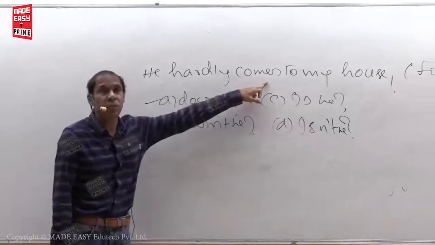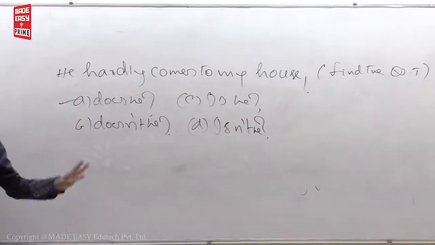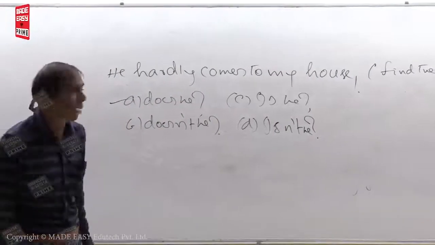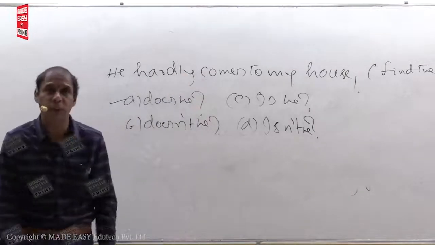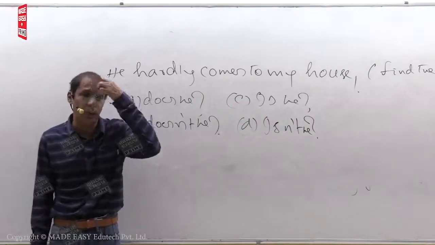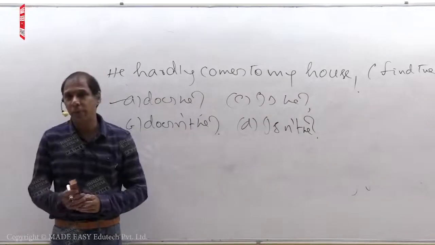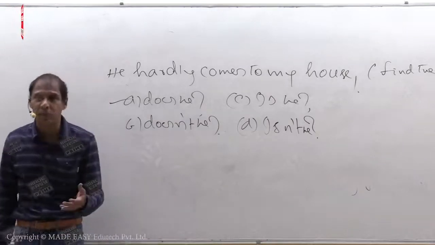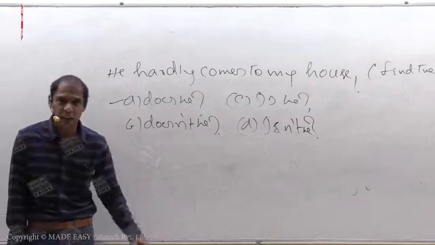Why does? Comes is present tense with s, so I have to borrow does. Does he? Right? This is correct. My dear students, this is the straight way of asking. The question is, this is called the straight way of asking. Examination is of two kinds: academic examination and competitive examination. Academic examination means 10th class, degree, intermediate, like this.